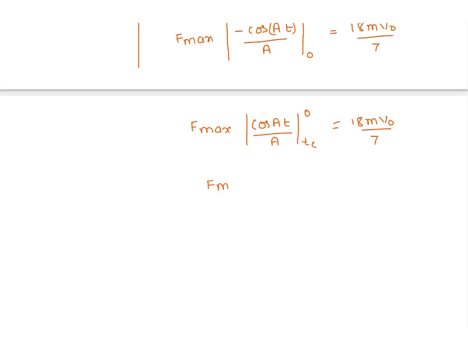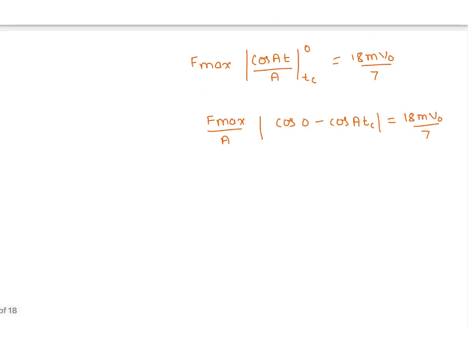So Fmax by a, and now I will apply the limit on time. First I will write t equals 0 here, so it will become cos of 0 minus cos of, then I will apply the limit on time, that will be Tc. So minus cos(a Tc) will be equal to 18 m v naught by 7. So Fmax by a, cos of 0 is 1.